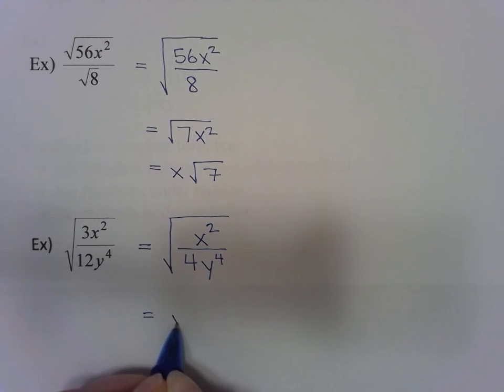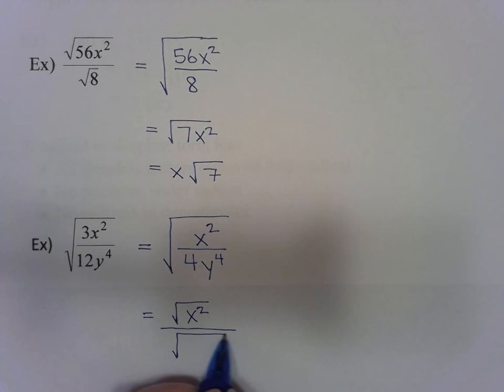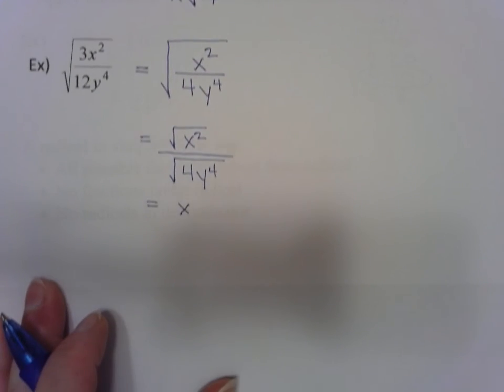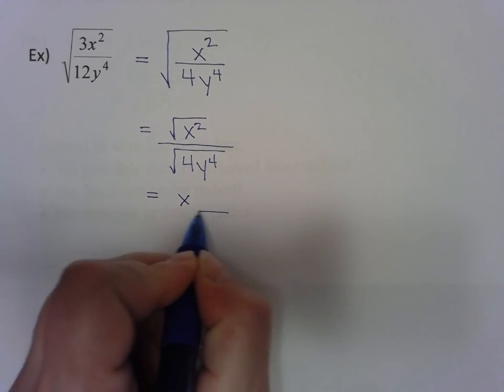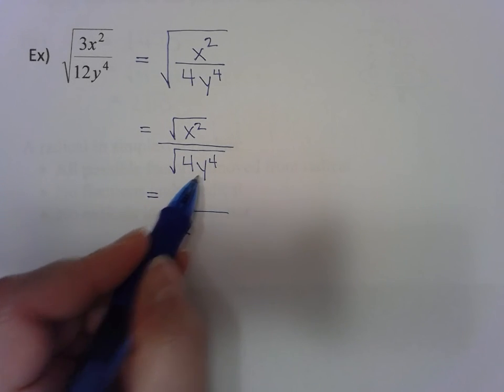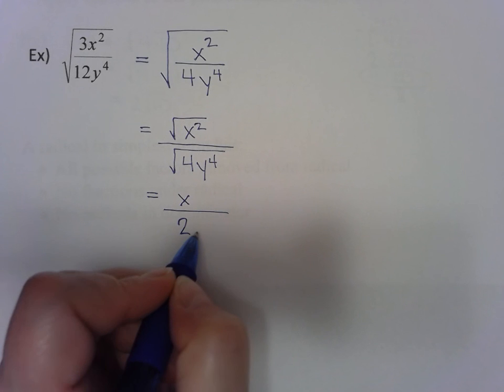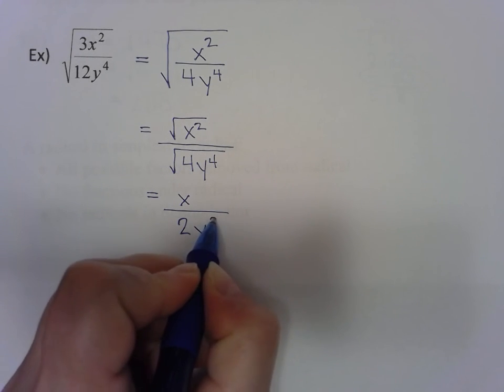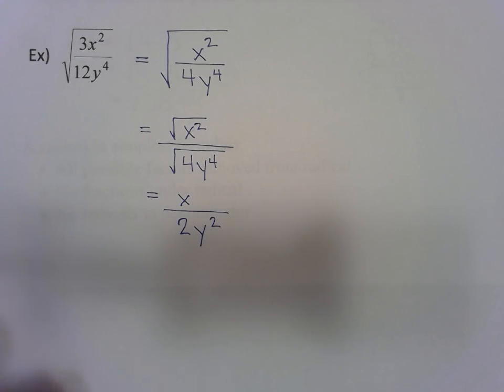So if it's easier to look at separately, the quotient rule allows you to do that. So you could take the square root of the top and the square root of the bottom. That's going to give us x on the top. Square root of 4 is 2. The square root of y to the 4th would be y squared. And so that allows us to do that a little bit easier.